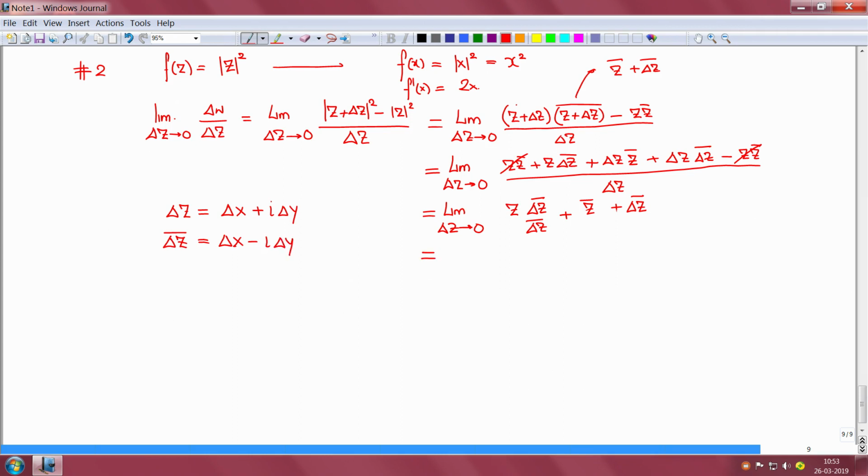So, we get limit delta z going to 0 of z, please do not confuse this with the bar, z into delta x minus I delta y divided by delta x plus I delta y, plus z bar plus delta x minus I delta y.